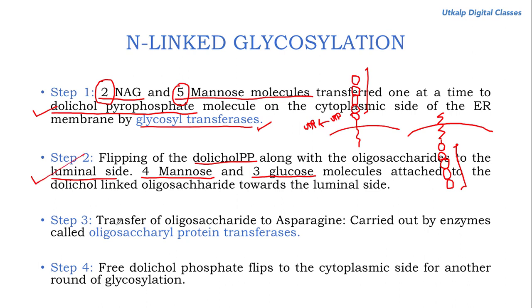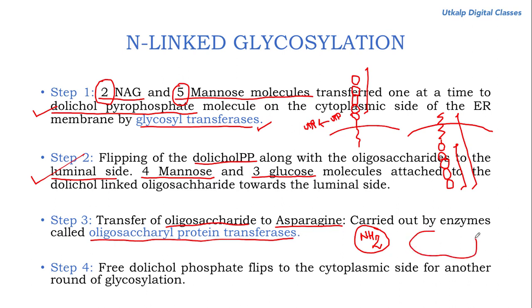Now, the next step involves the transfer of this complete oligosaccharide to asparagine residue. Remember, we talked about the NH2 of the asparagine being linked to the oligosaccharide chain in N-linked glycosylation. So this NH2 will now be linked to this already formed oligosaccharide chain by enzymes called oligosaccharyl protein transferases.